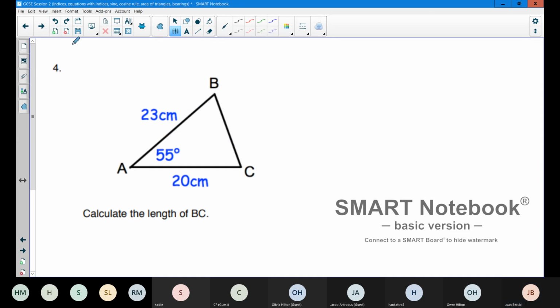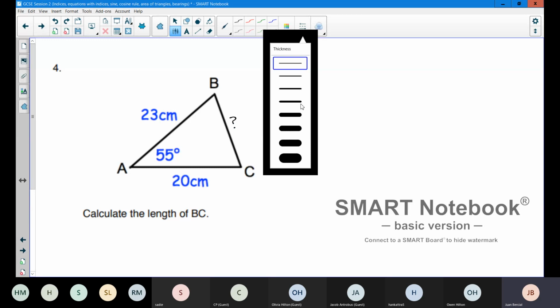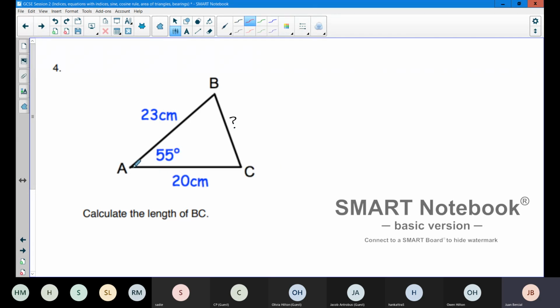And then for this case, in which we want to find the length of BC, I'm going to use a thick line in red just because I can. You can see I know that side and I know that side.